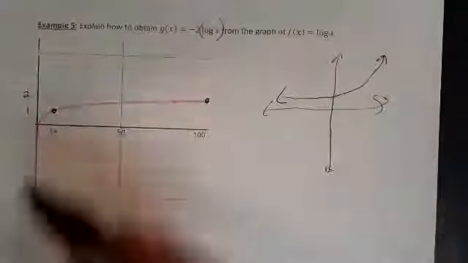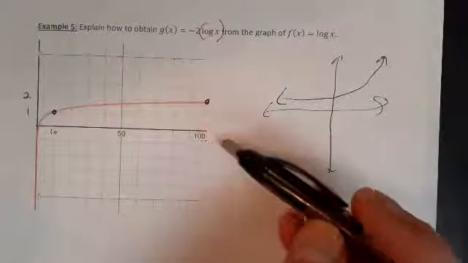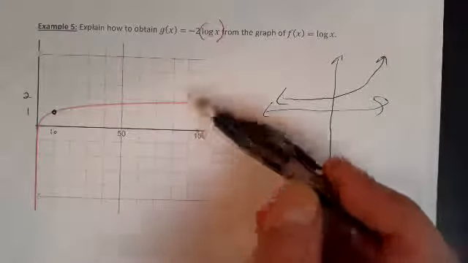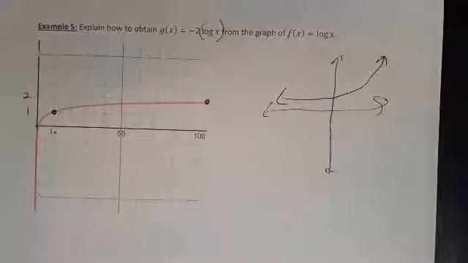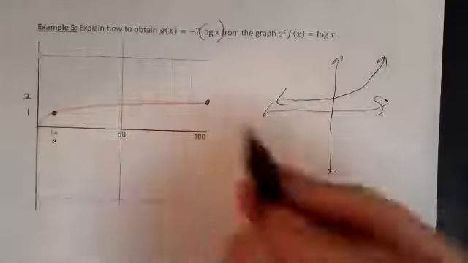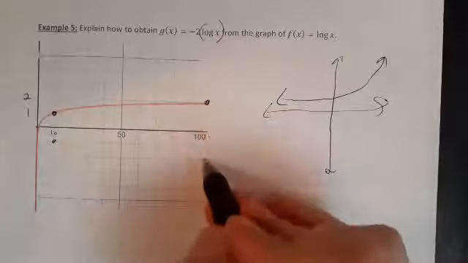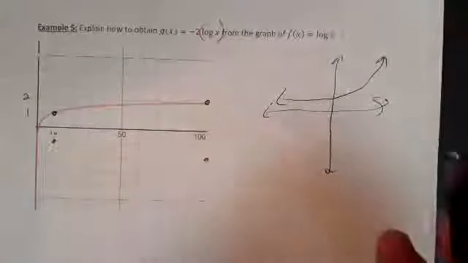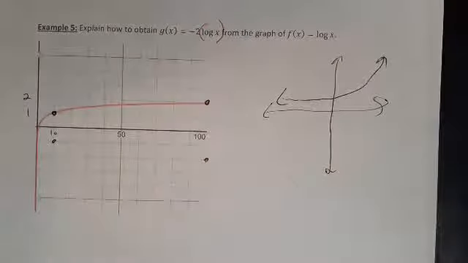So 10 to the first is going to give me 1. 10 squared, or 100, is going to give me 2. And so this is the original log base 10 of x graph. If I want to flip it, 10 is going to give me a -1, and then 100 would give me a -2. I want to flip it, and then I want to stretch it.